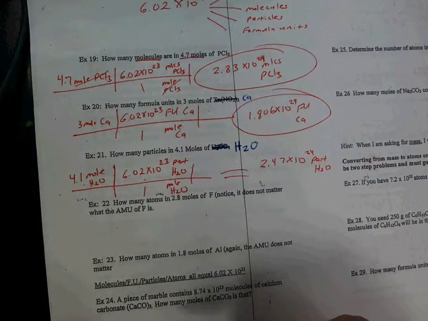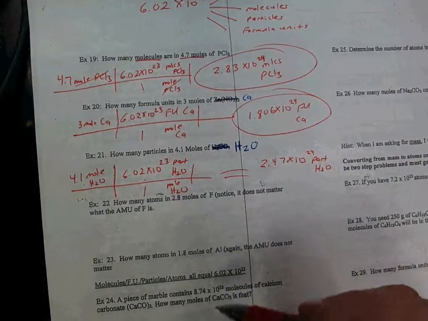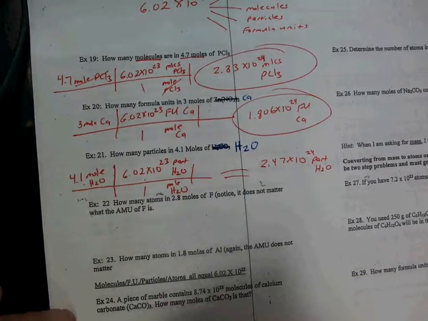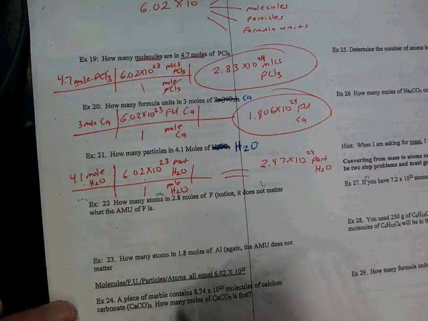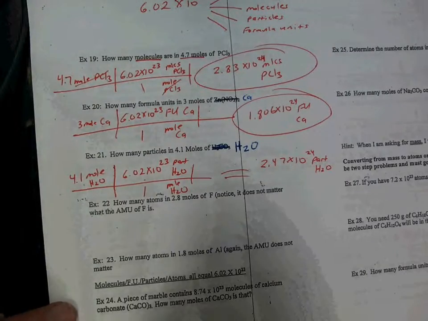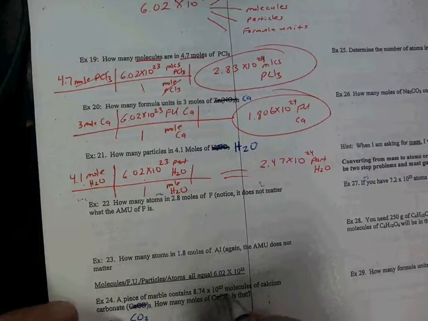All right. The next problem that I'm going to introduce, and my next video will show you a little bit more of this. No, I'm sorry. No, before I go to that, let's do number 24. We'll do 24, and then I'm going to call it quits on this video. 24 is going to be, I've got a piece of marble that contains this many molecules of calcium carbonate. I'm going to change that.